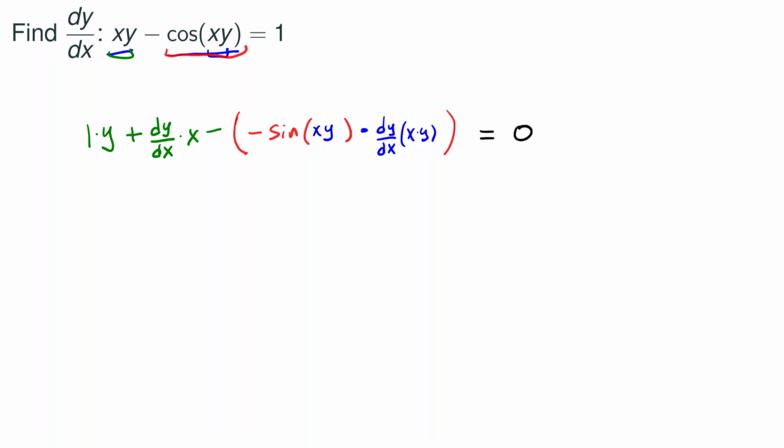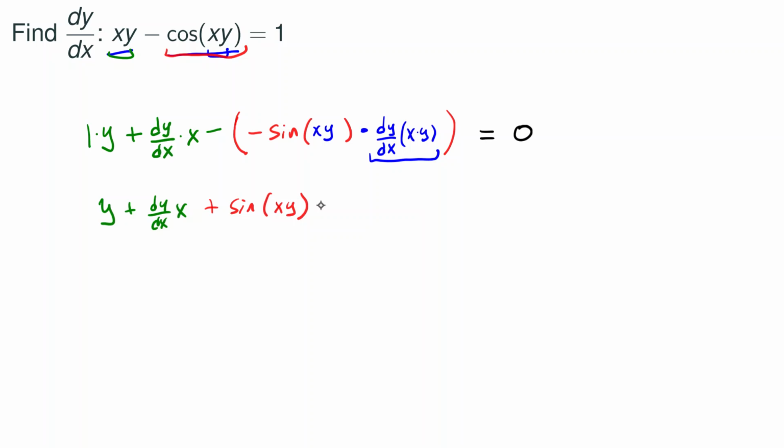So next line, I'm just going to copy this portion: dy dx times x minus negative, so let's make it positive, positive sine xy. Now let's take the derivative of this portion right here. We have to use product rule.